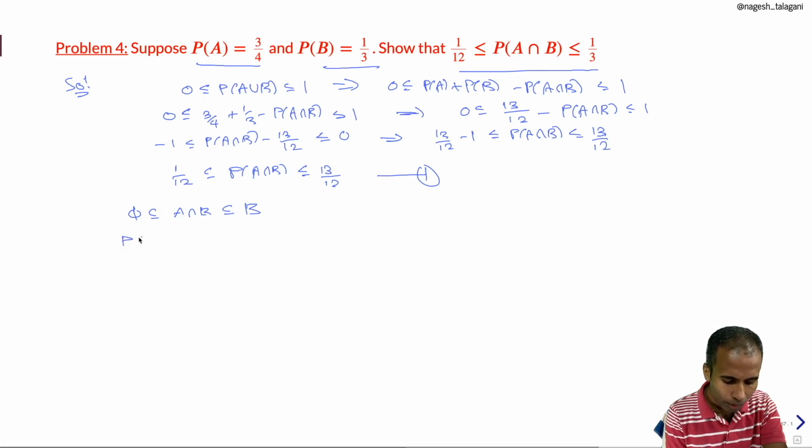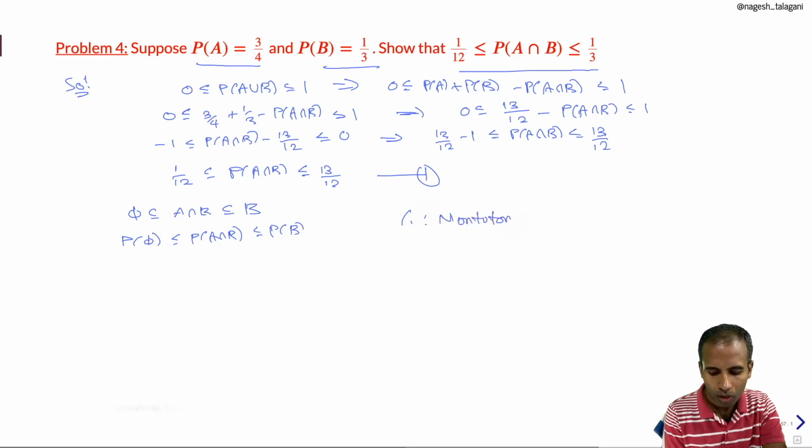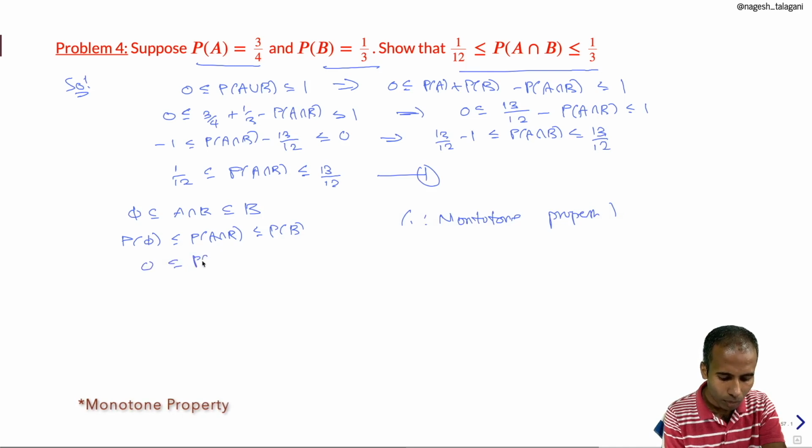If you apply probability, then the probability of the empty set is less than or equal to the probability of A intersection B, which is less than or equal to the probability of B, because of the monotone property of probability. So the probability of the empty set is 0, less than or equal to the probability of A intersection B, and the probability of B is 1 by 3.